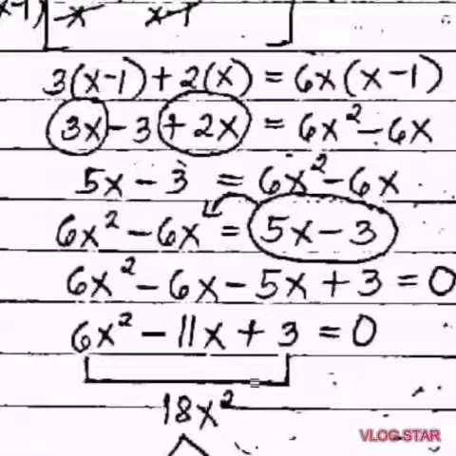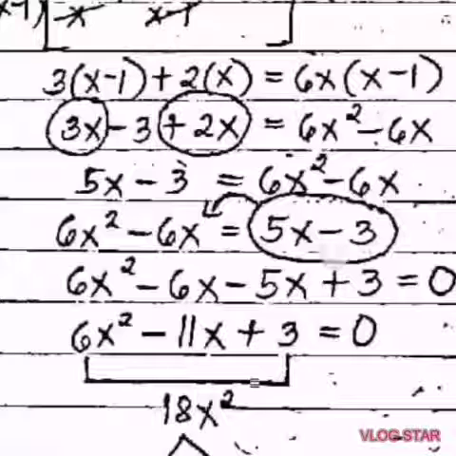And then copy negative 3 equals, bring down 6x squared minus 6x, and then interchange. So if we are going to interchange, we do not change the sign. So 6x squared minus 6x, we put that here, and then 5x minus 3 on this side.